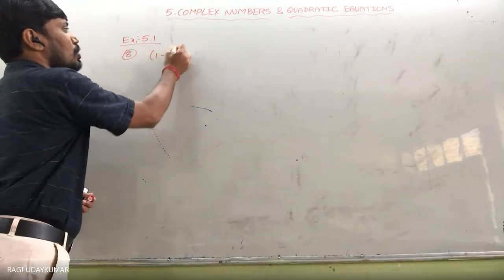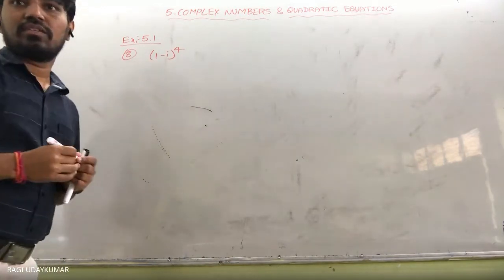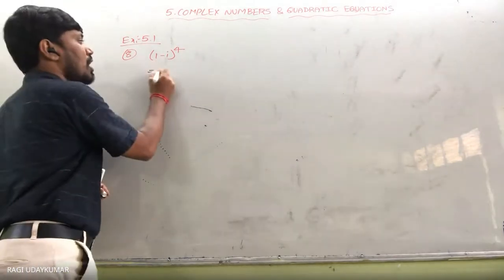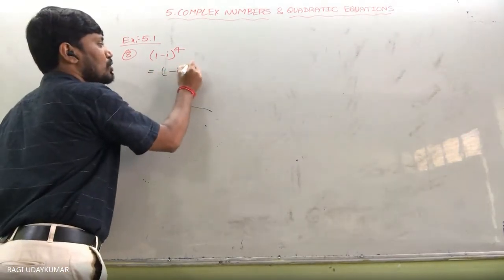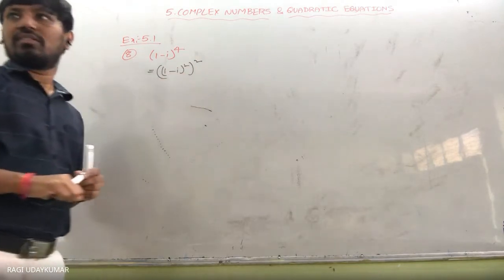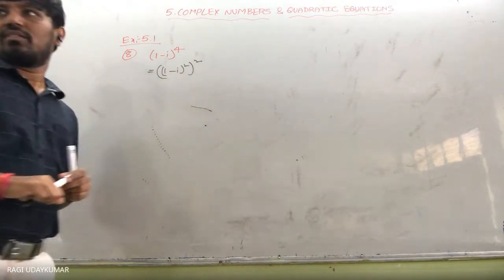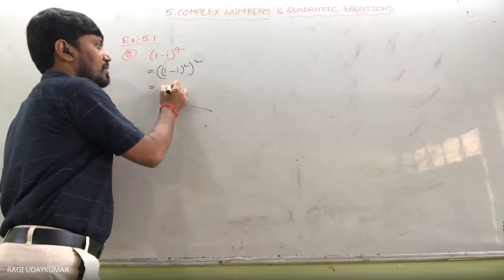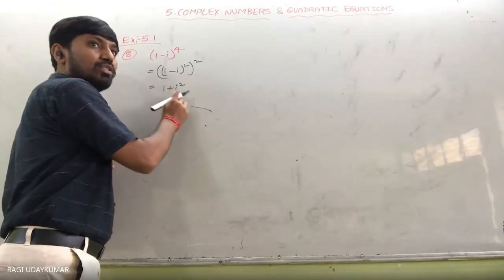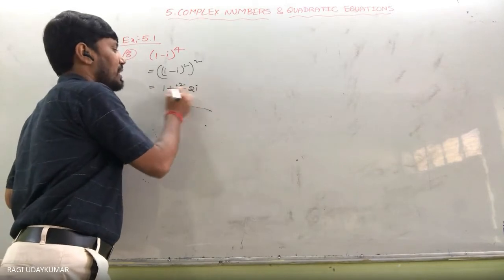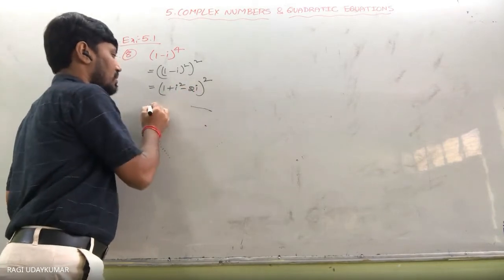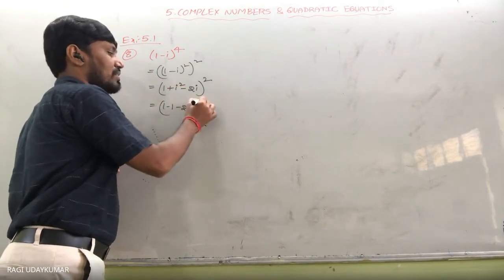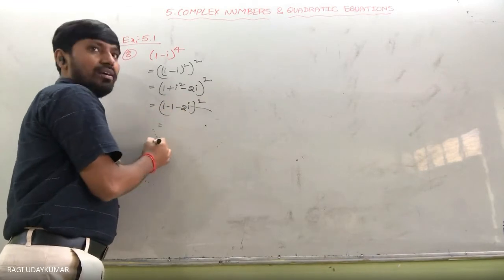1 minus i whole to the power of 4. Power 4 value पता है? If not, if you don't know, 1 minus i whole square करो. a minus b whole square, you know that. So what do you get here? 1 square plus i square minus 2i whole square. 1 minus 1, i square value minus 1, minus 2i whole square. 1 minus 1, 0 होगा.